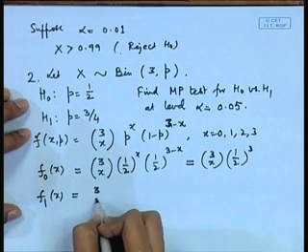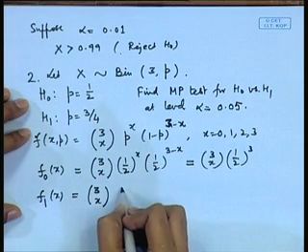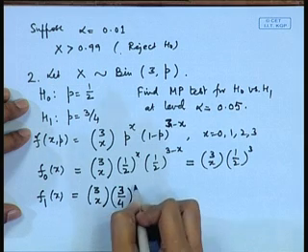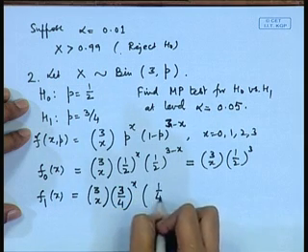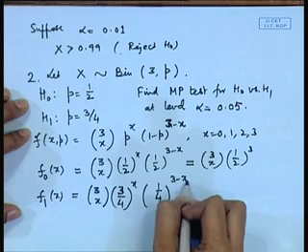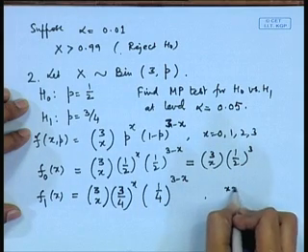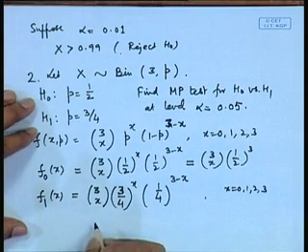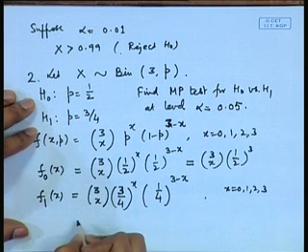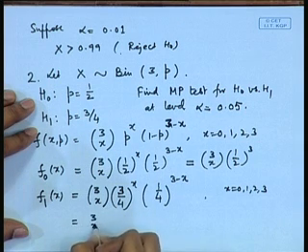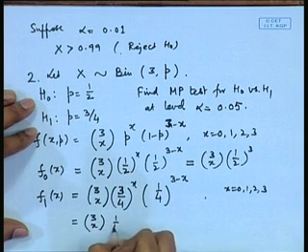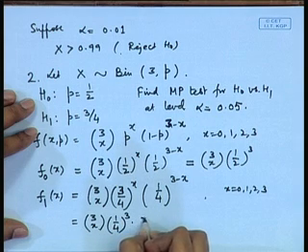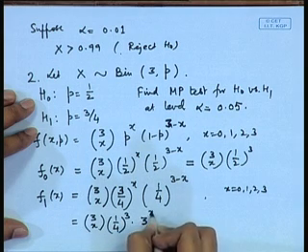So, the value is 3 c x, 3 by 4 to the power x, 1 by 4 to the power 3 minus x, for x equal to 0, 1, 2, 3. Now, this can also be simplified a little bit. We can write it as 3 c x, 1 by 4 to the power 3, and 3 to the power x.